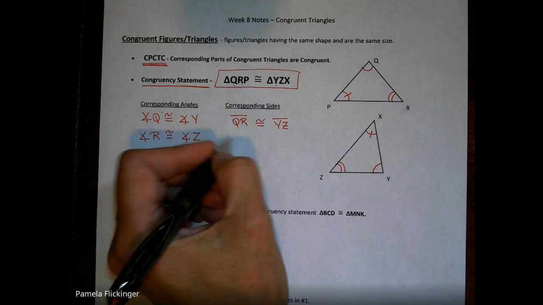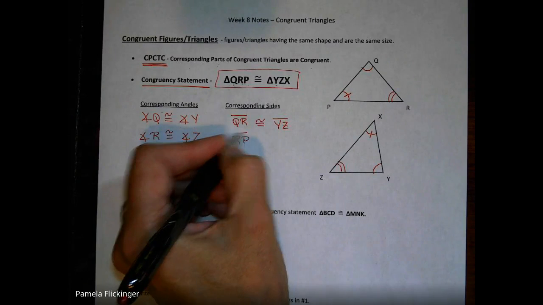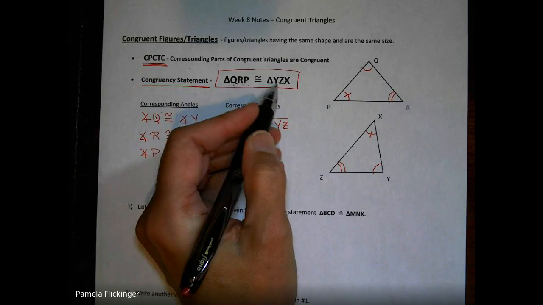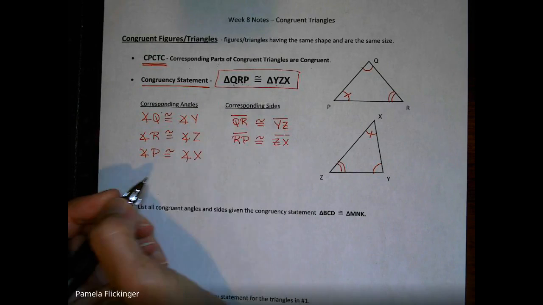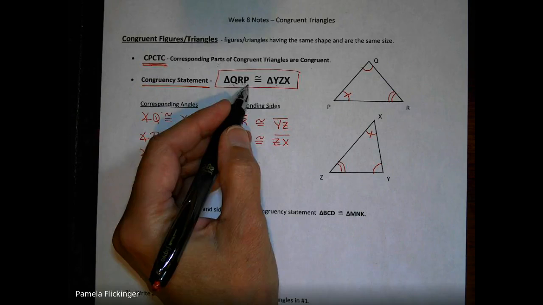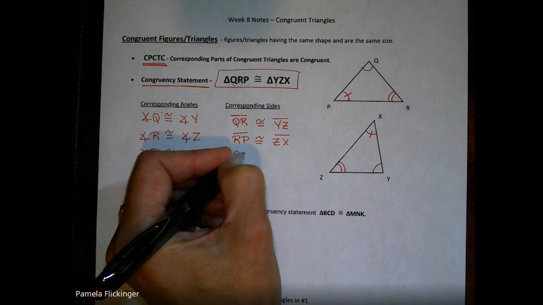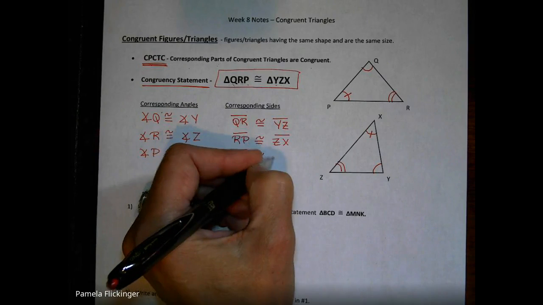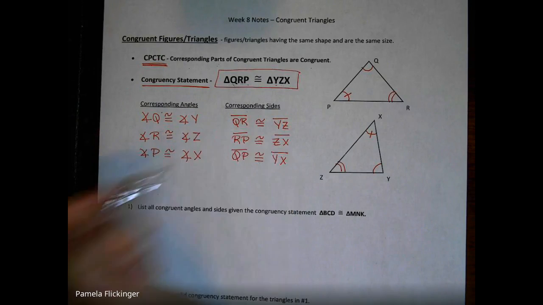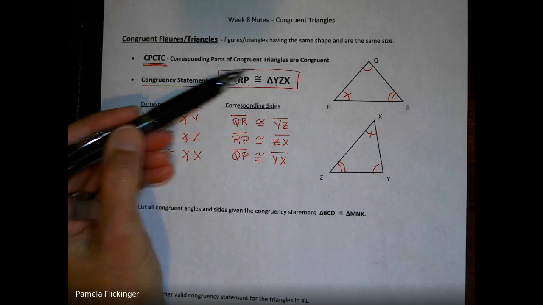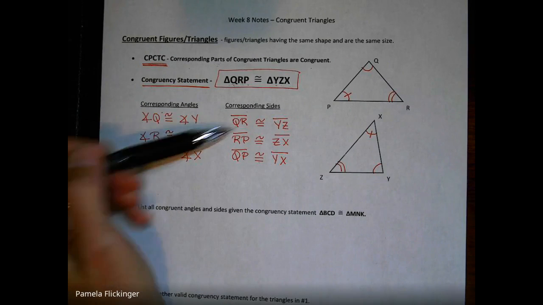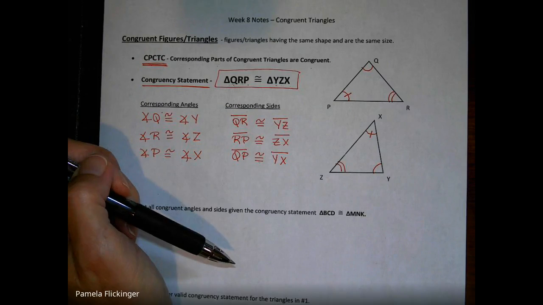Second and third, so side RP, I know is going to be congruent to side ZX. And then the first and third go together. So side QP will be congruent to side YX. So with every congruency statement, we get 3 angle pairs, 3 side pairs, 6 total parts.